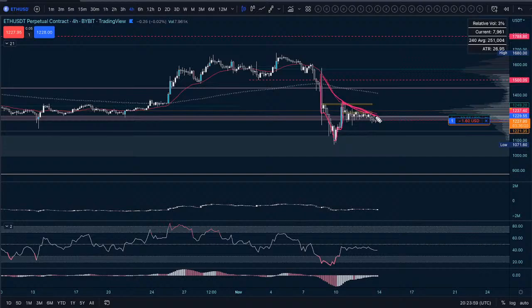But we're just right there, so it's probably going to do this. Or the better point would be a break of this, hold, then that's your long towards this region, towards this cluster. That would be the better long, because in here everything is against the longs.